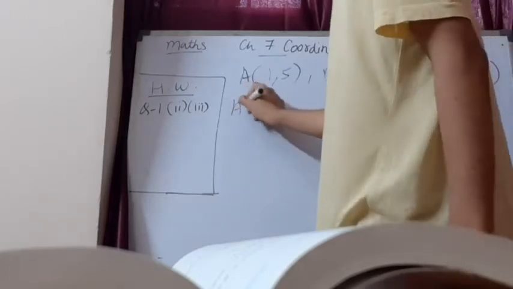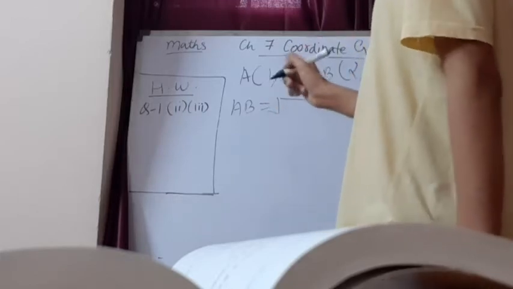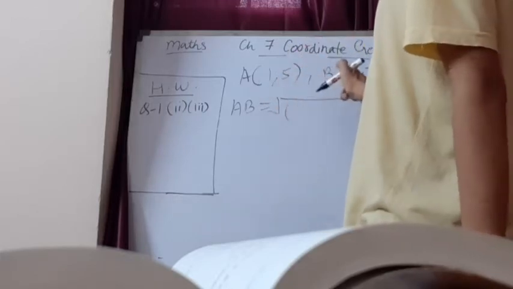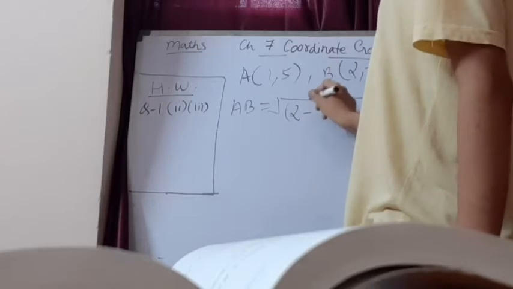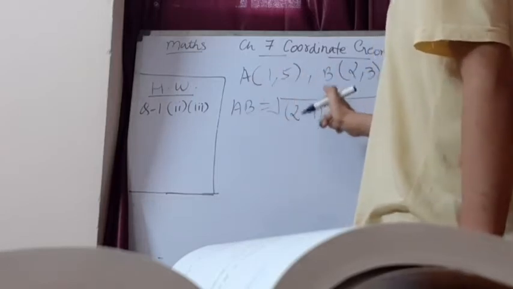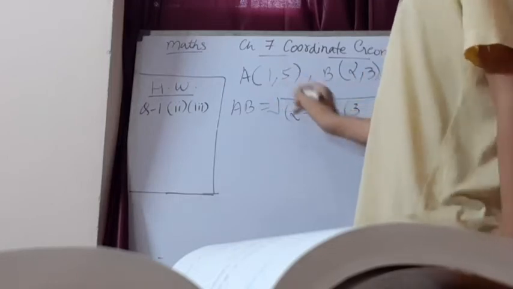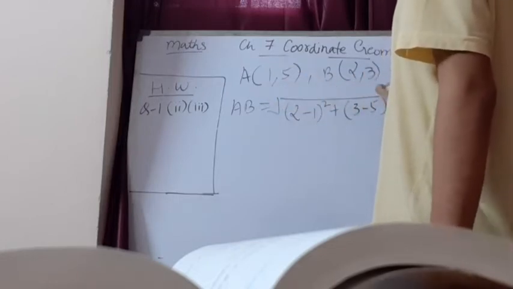So first coming to AB. AB will be equal to the square root of x2, which is 2, minus x1, 1, whole square, plus y2, that is 3, minus y1, that is 5, whole square.